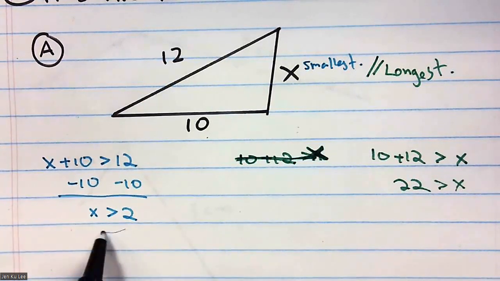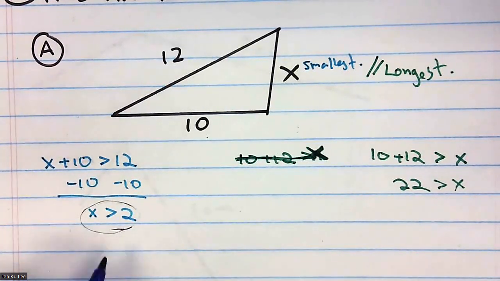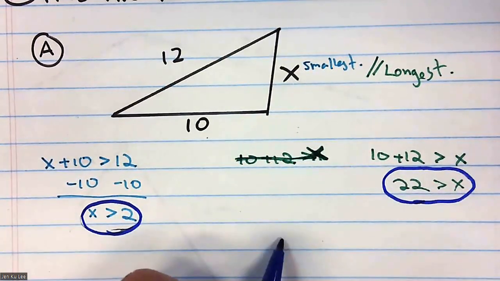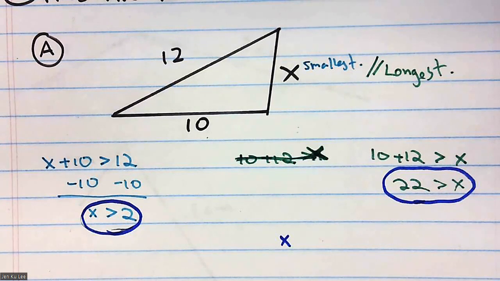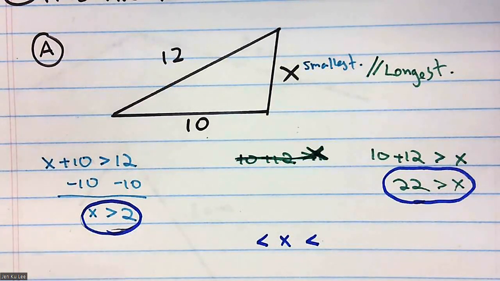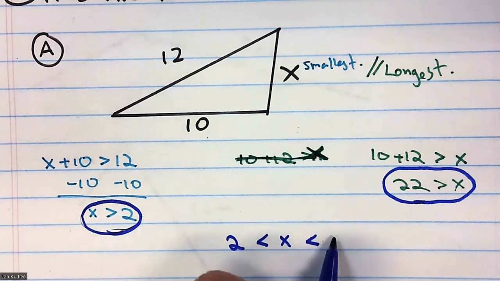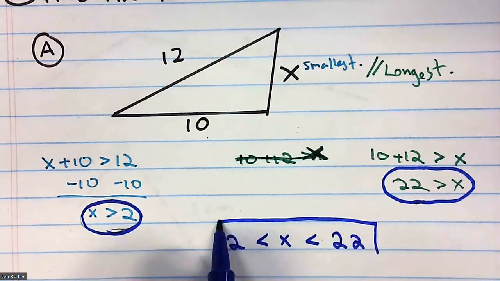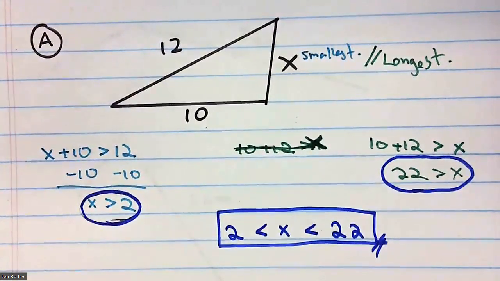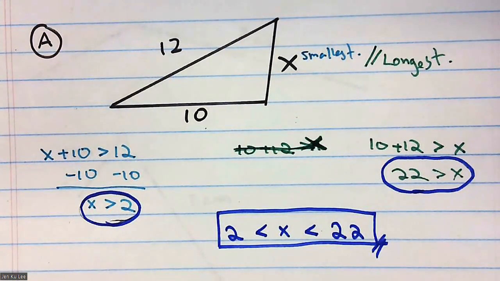So we're going to put these two inequalities together. I want to leave x in the middle, put less than signs on both, my low end goes here, my high end goes here. So x needs to be between 2 and 22. That's how we find the range.